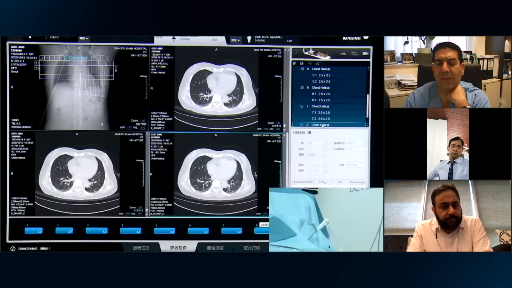The professor repositioned the antenna a little bit, I see, and has disconnected the ablation.